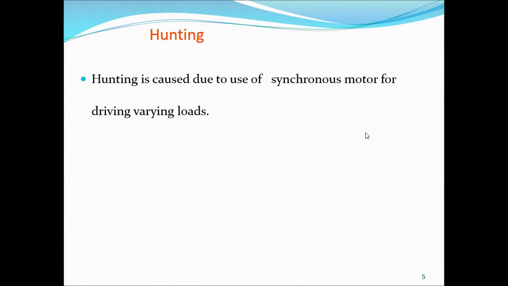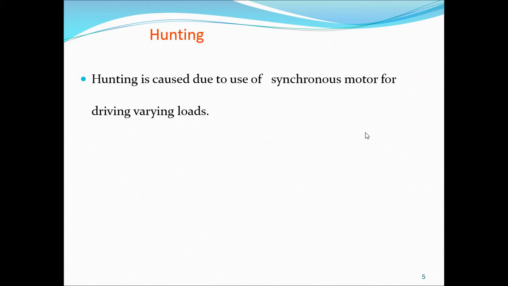Suppose the load fluctuation is very high, then the fluctuation of alpha is also very high. That means the magnetic locking between the stator magnetic poles and the rotor poles fluctuates strongly.